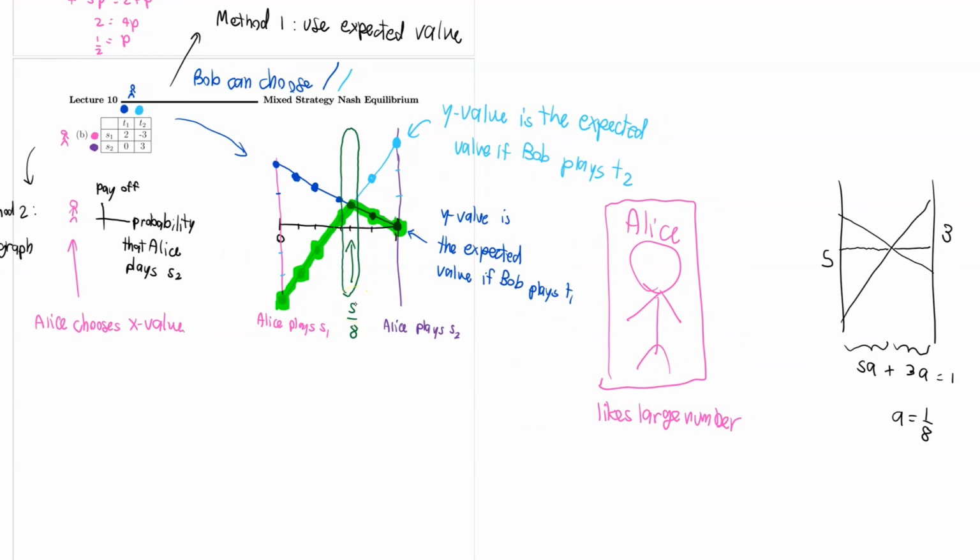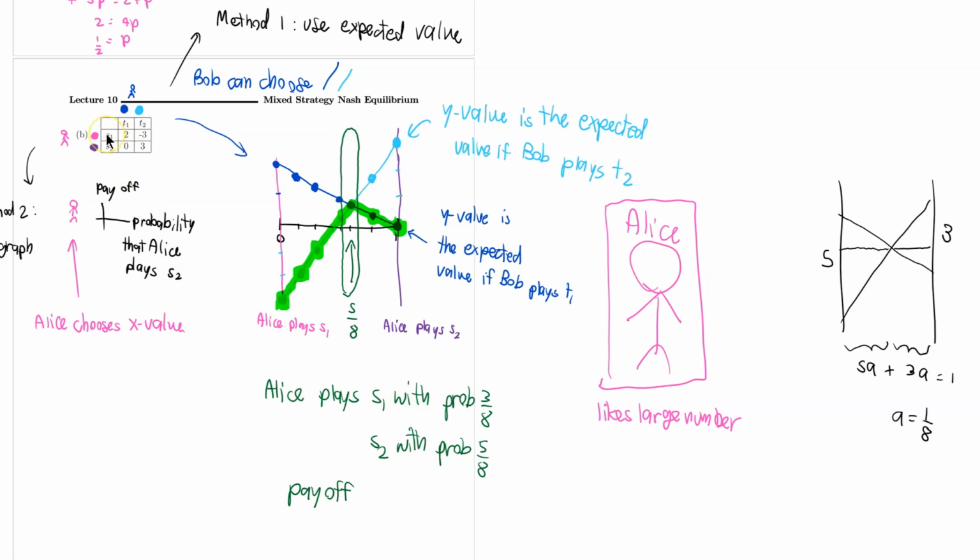So I can conclude that Alice plays S1 with probability 3/8 and then S2 with probability 5/8. Remember how the x value is the probability that Alice plays S2. And we can compute the payoff of the game as well.